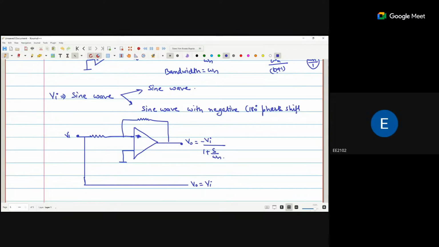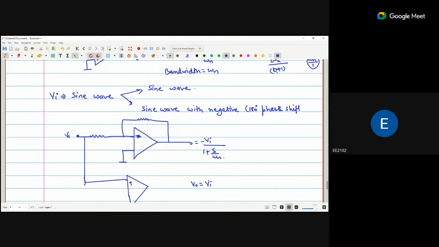But now if we are going to implement with the help of the operational amplifier, what should we do? We are using the same circuit but in non-inverting mode.